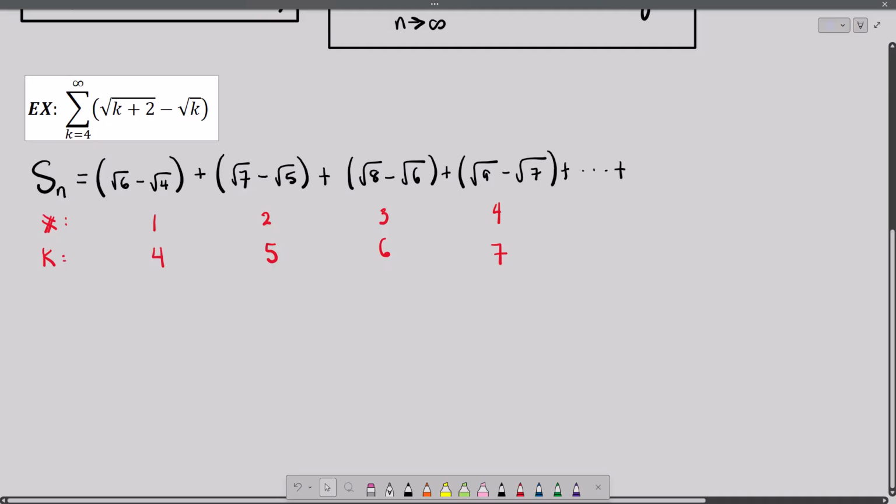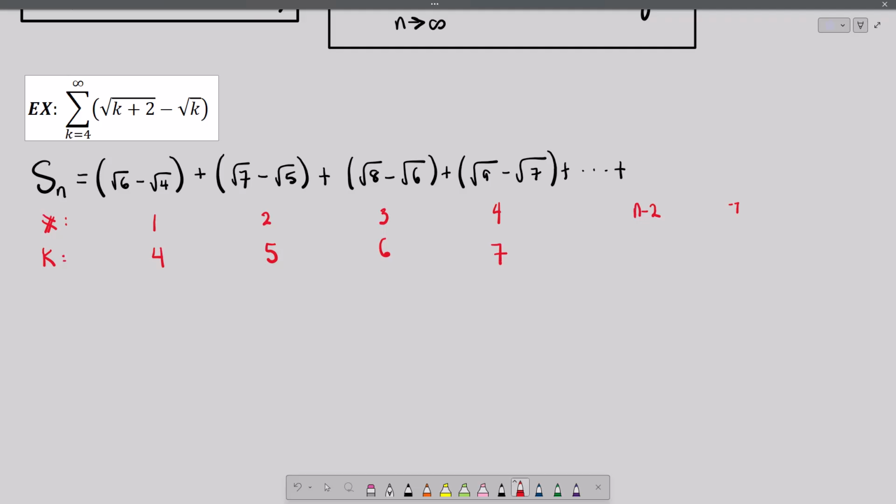Down here, we're going to want the n minus second term, the n minus first term, and the nth term. What will be the k value for the n minus second term? N plus 1. So we add 3 to the term number to get the associated k value.